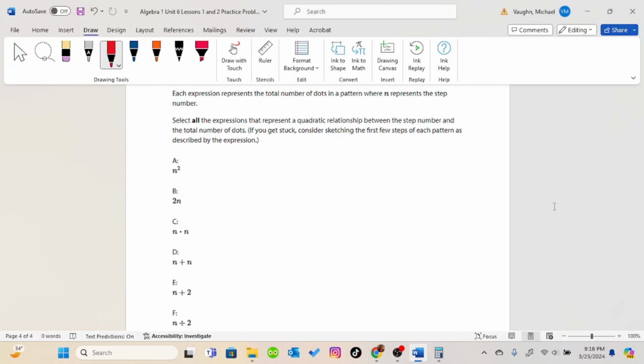So, if we want a quadratic relationship, the step number needs to be squared.